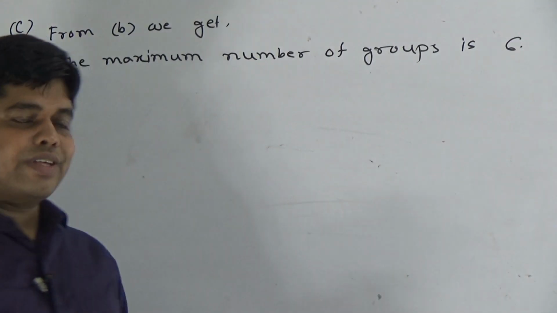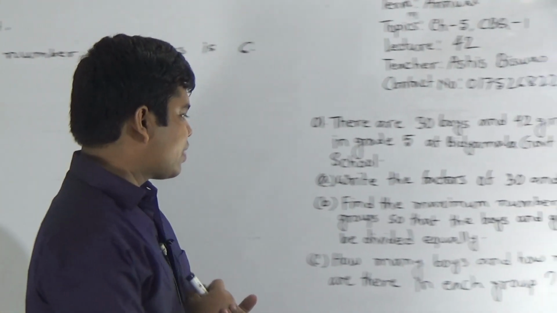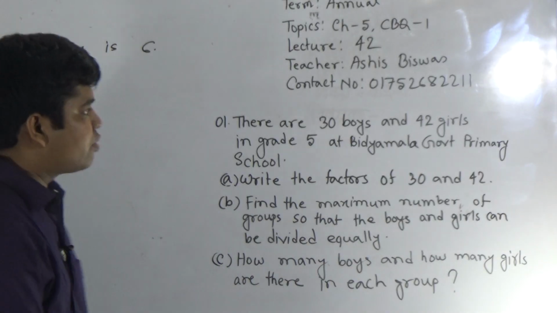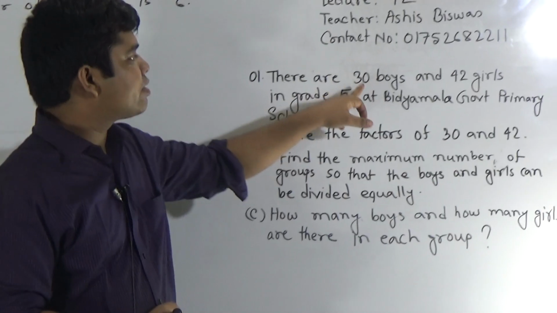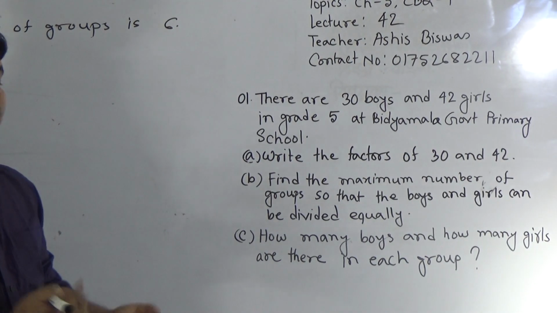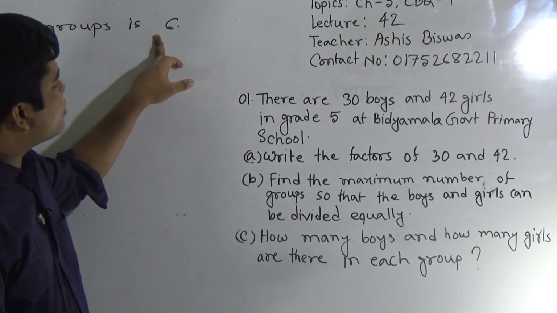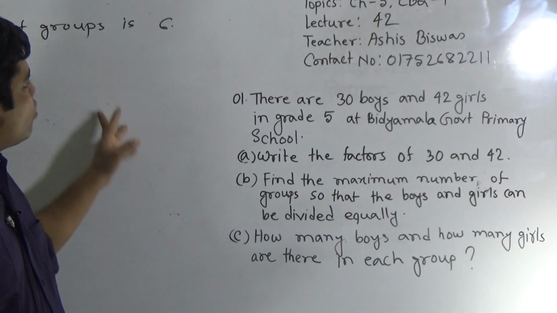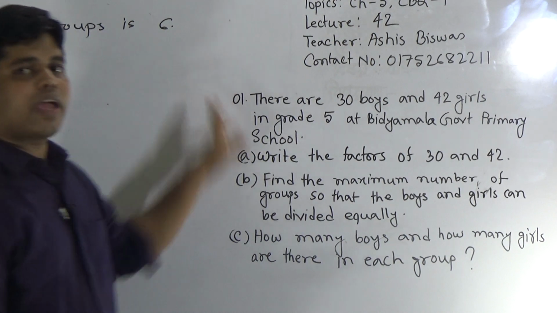Now my dear student, notice we need to find the number of boys and number of girls in each group. Notice, 6 groups, that means these 6 groups have 30 boys. So how many boys does one group have? If we divide, then we get the number of boys in each group. Again, 6 groups have 42 girls. Then we find out how many girls are present in one group. That means we divide 42 by 6 and we get the answer.